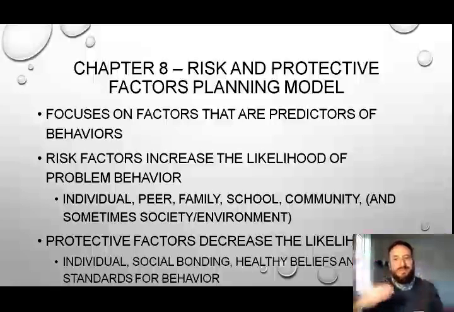So again, those things we've been talking about in previous chapters come back. It looks at risk factors all throughout. It also looks at protective factors, again at the individual, at the social bonding and peer level, and then a little bit bigger, the health beliefs, standards. And again, it has a 3-step assessment, implementation, and evaluation model. So 1, 2, 3 steps for implementation of this model.